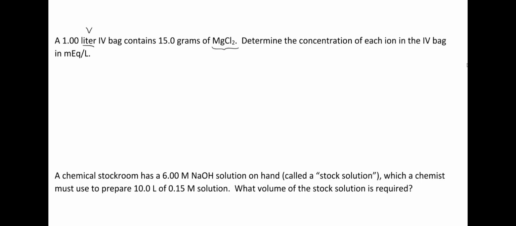We want to be able to convert that to moles. So there are 94.91 grams per mole of magnesium chloride using values from the periodic table.